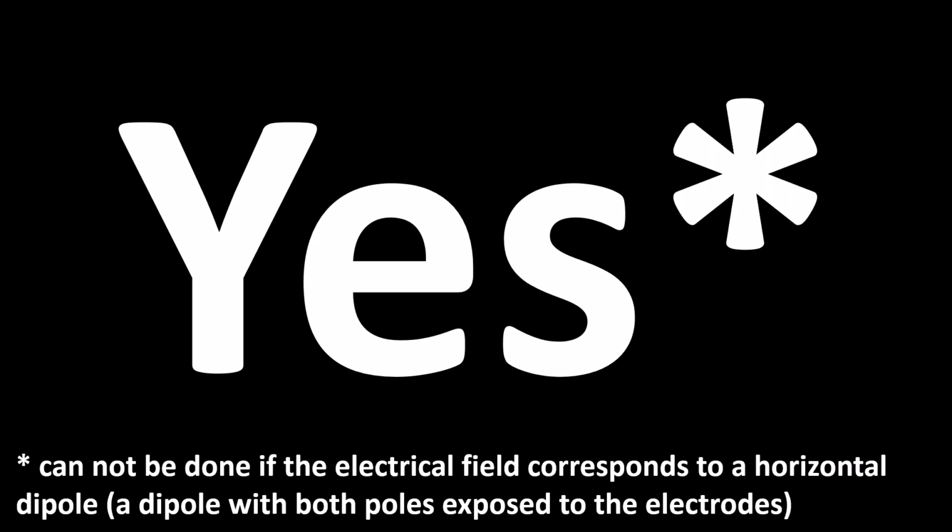The answer to this question is yes, it is true, but only if the field is the product of a vertical dipole, hence with only one pole facing the scalp electrodes. In the next few frames, I will enumerate the steps needed to determine the maximum potential of a field using the hot electrode method. And in the following frames, I will provide you with an example.